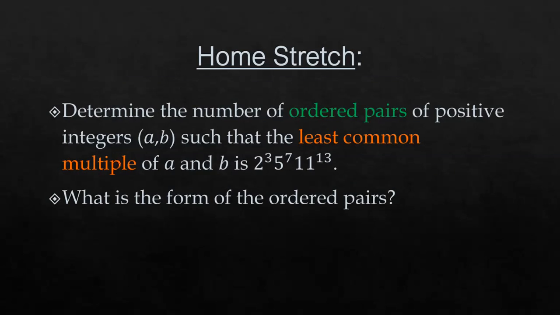Does somebody want to try and tell me the form of the ordered pairs that we're going to have here? How are they going to look like, the pairs that I have here?